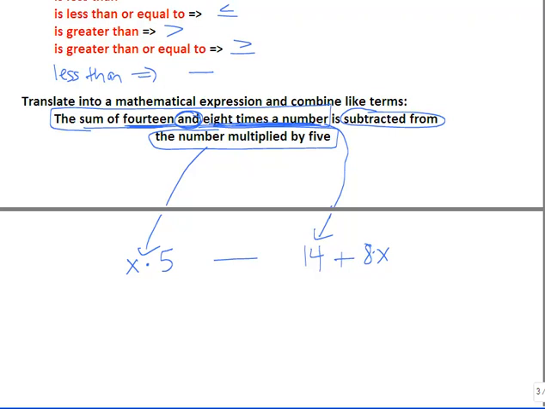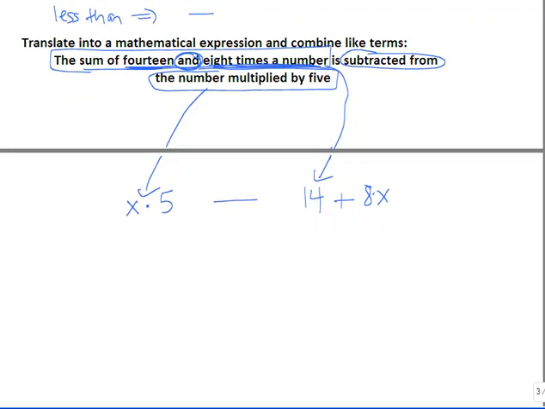Now there's a couple things wrong with this. First of all, I'm going to want to clean it up a little bit, and I also have an issue because I want to be subtracting this 14 plus 8x from 5x. So we have to be a little bit careful because we actually want to subtract all of this from all of this.